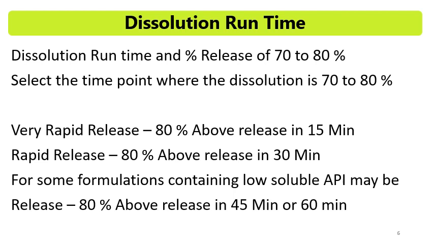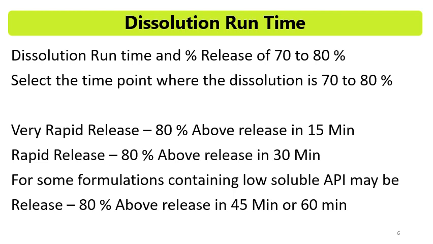So if you consider the IR formulations, some IR formulations release very quickly, like above 80% release in 15 minutes. So these formulations are known as very rapid releasing type of formulations, or the dissolution is known as very rapid release. Then if it is releasing above 80% in 30 minutes, then these are known as rapid release type of formulations.